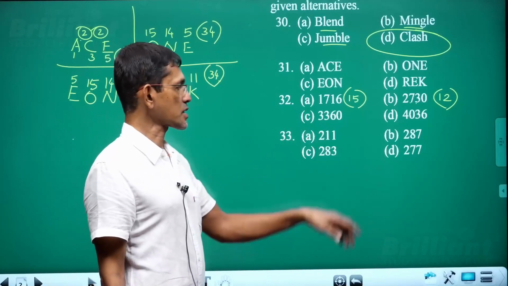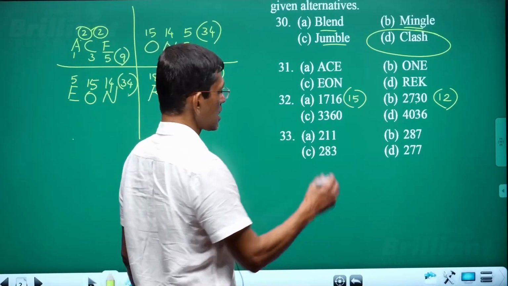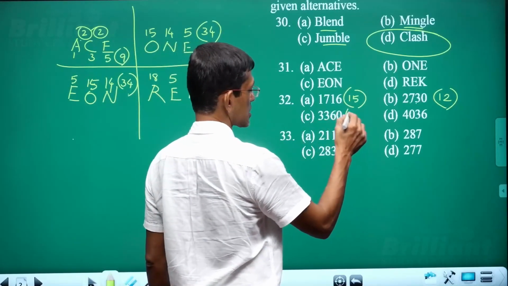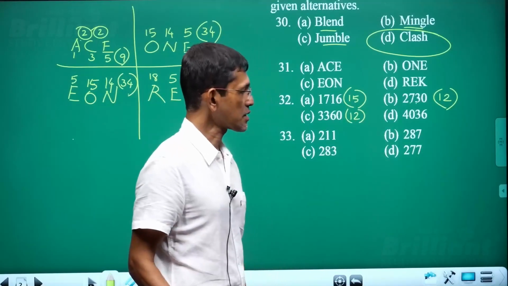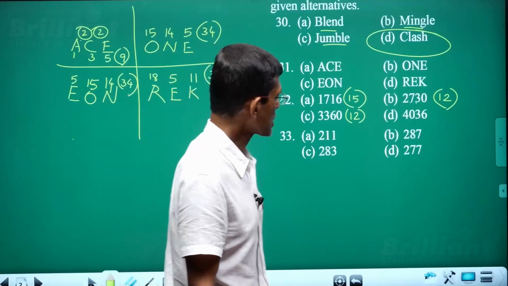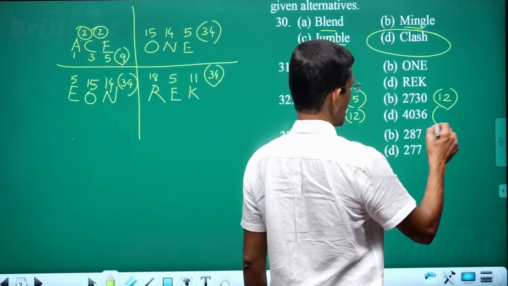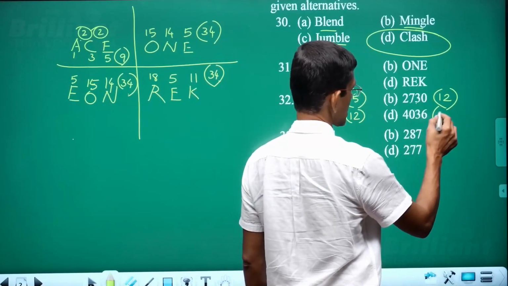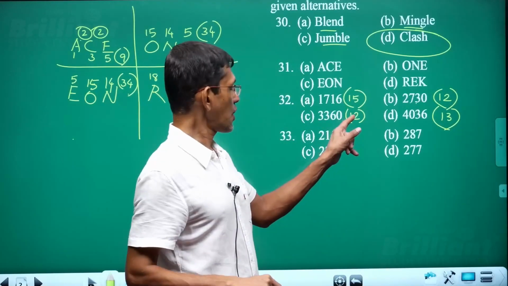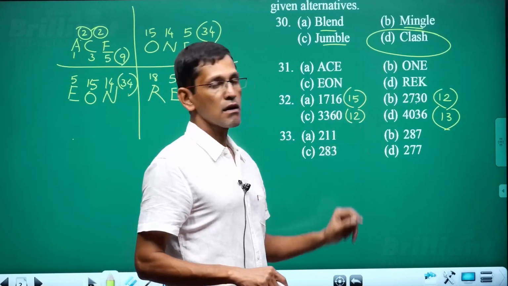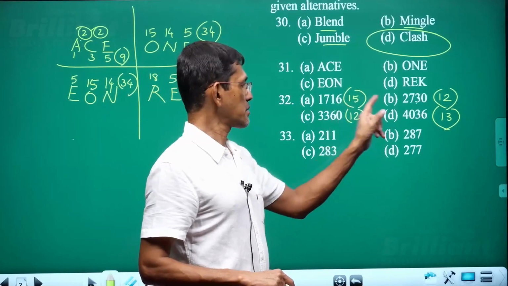And how about 3360? 3, 3, then 6, and 0, what you get is 12. Then 4036, how much you get? Well, that is 9, 9 plus 4 is 13. So 2 of those numbers are even and 2 of them are odd.